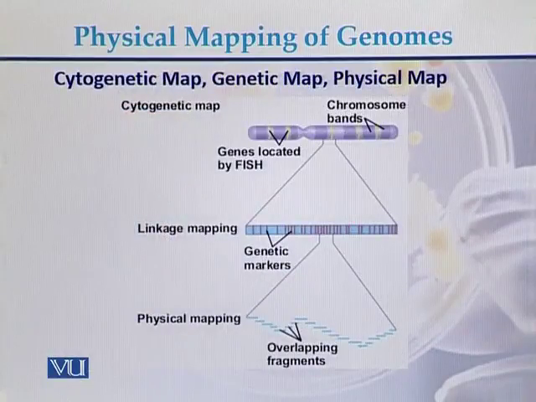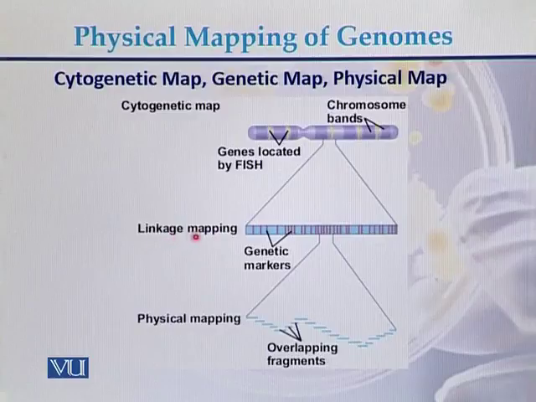This is the difference between the cytogenetic map, genetic map, and physical map. Here we can see that in cytogenetic maps, genes are located by FISH and we cannot know the exact location of the genes on the chromosome. We can see the banding pattern on the chromosomes, but we cannot see the exact location of the genes.